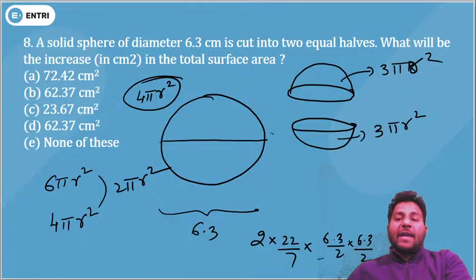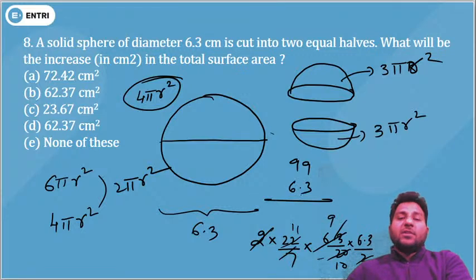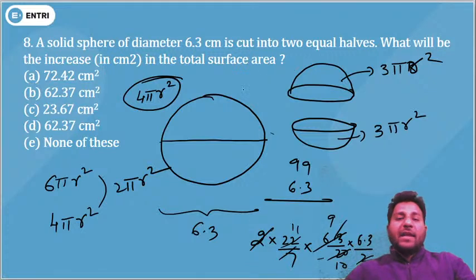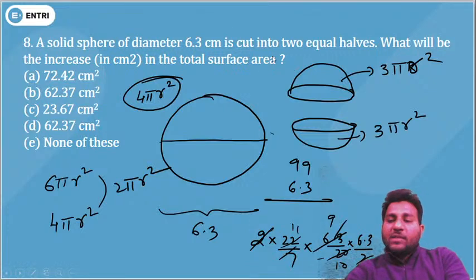It would be B or D, okay? You have to solve it. Look, 7, 9, and 10 and 11. Now you need to figure out 99 into 63. So clearly it will be what? Tell me the answer.